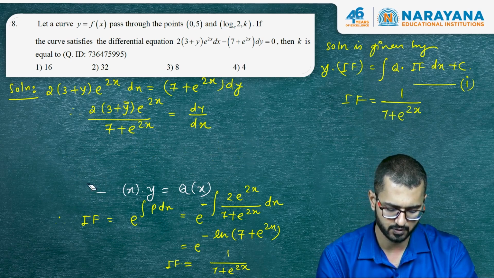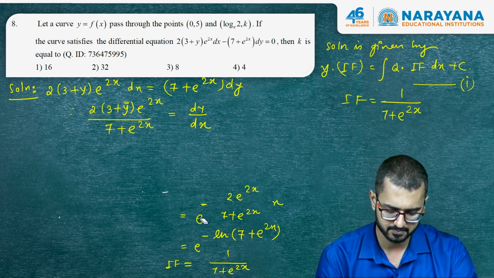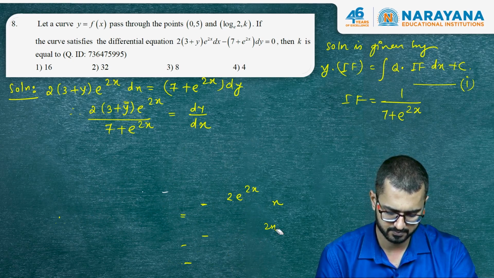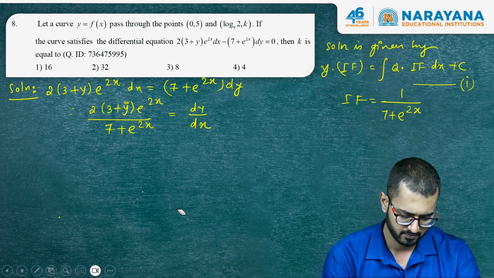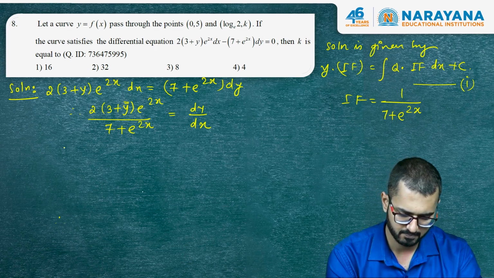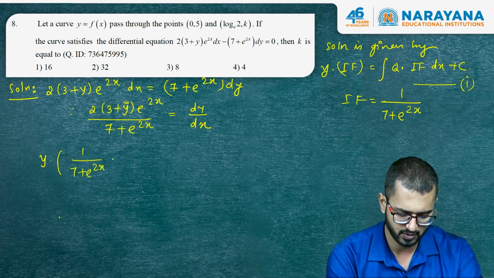So y into integrating factor, 1 over 7 plus e power 2x, is equal to integration of q.